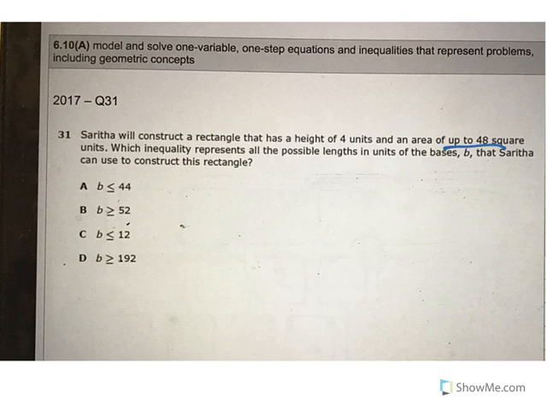All right. So what are we looking for? We're doing area, okay? So we know that the height is 4, but we don't know the base. Similar to the other problem where they actually had drawn the rectangle, we need to start off with what we know. I know area is base times height.